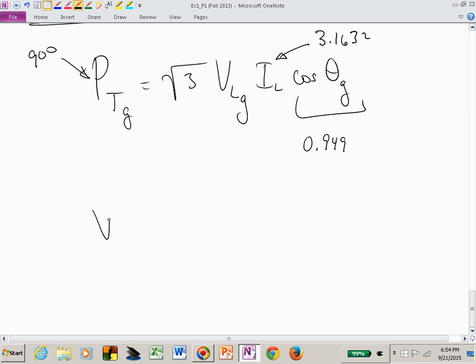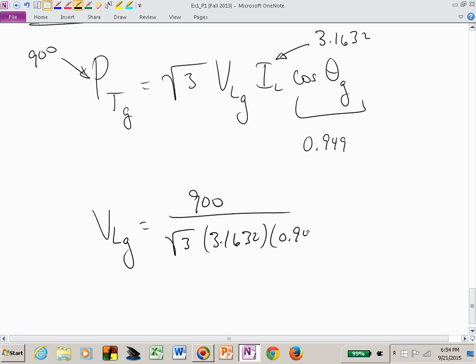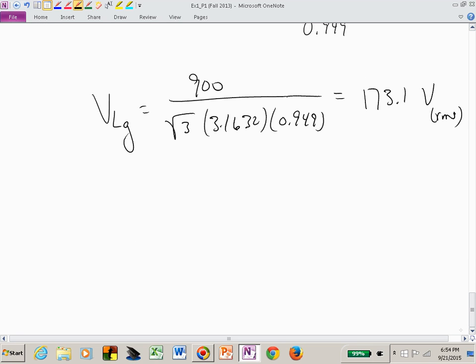And I ended up with V sub, whoops, as 900 divided by square root of 3, 3.1632, 0.949. That ends up being 173.1 volts RMS, but that's the line to line voltage.